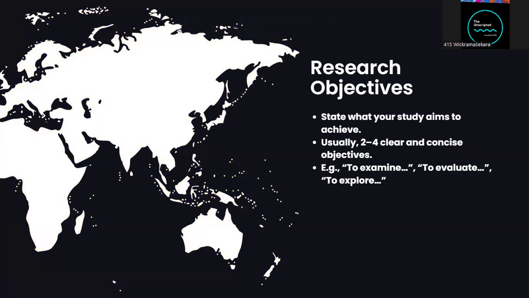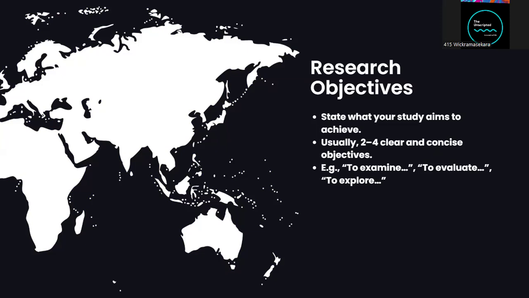You can have 2 to 4 research objectives that will help you in achieving your purpose of the study and your problem. Since this is mainly focused on qualitative studies, you have to use the terms to explore or to understand, right? And if it's quantitative, you can say to evaluate or to examine the relationship between two variables. But in qualitative studies, we don't do that. So we normally use the terms to explore or to understand, right?